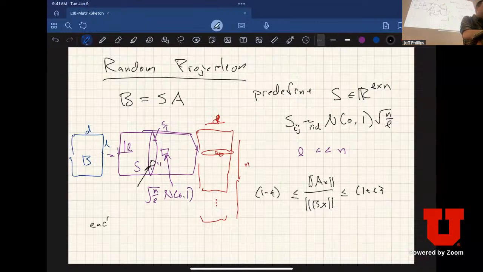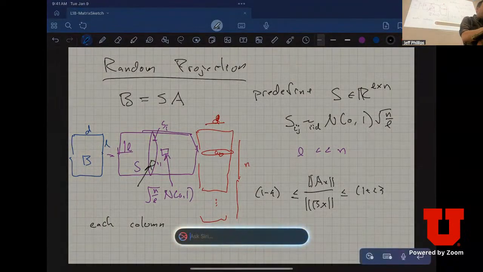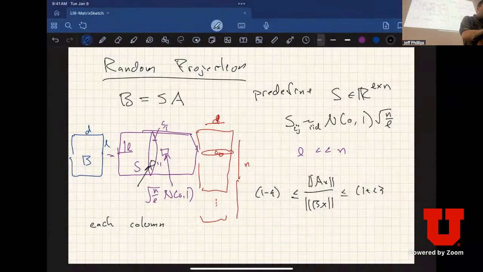So each column of S will have one non-zero, and that entry Sij is going to be -1 or +1 at random.